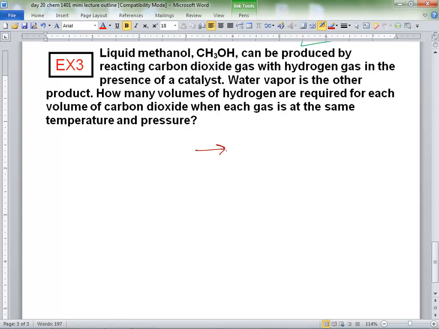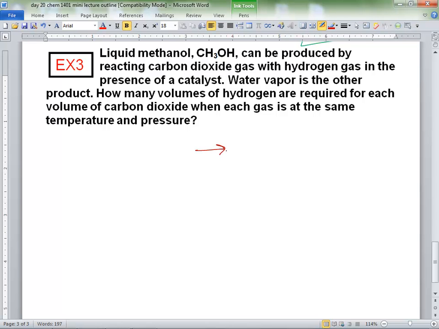If you're not sure, just ask. See what to do? To form methanol. H is an H2. Okay.